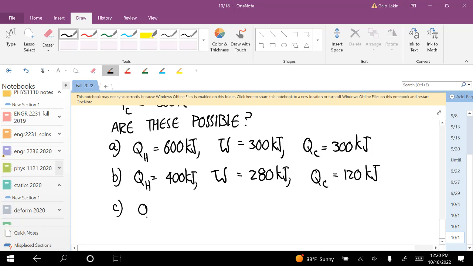And then the third one, QH is 700, W is 300, and QC is 500.